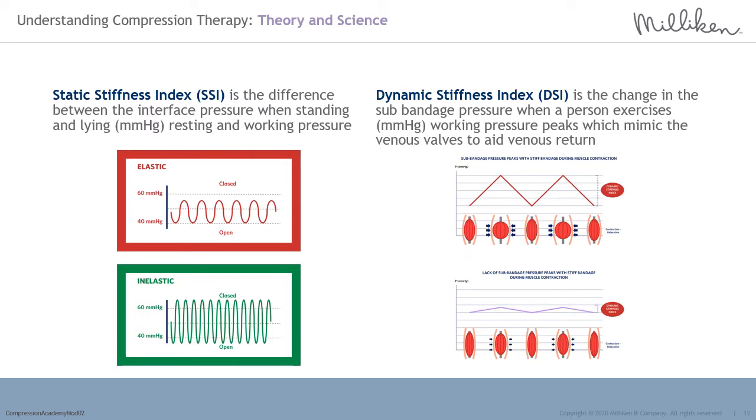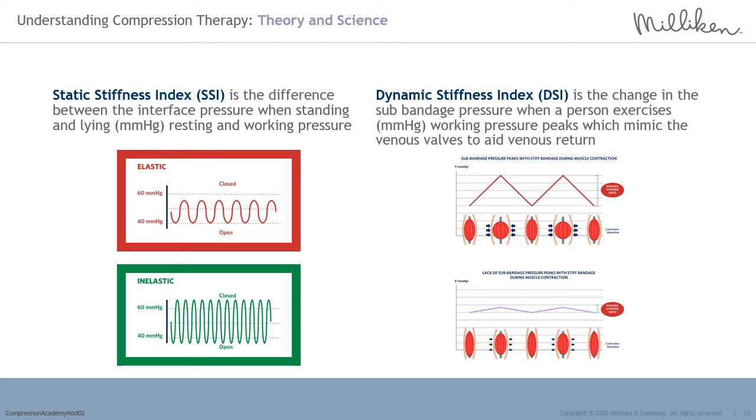In 2003, Thomas acknowledged the influence of physical activity undertaken by the patient on subbandage pressure levels. This is referred to as static and dynamic stiffness index. Static stiffness index is the difference between standing and resting pressure and is a valuable parameter characterising the efficacy of compression materials.